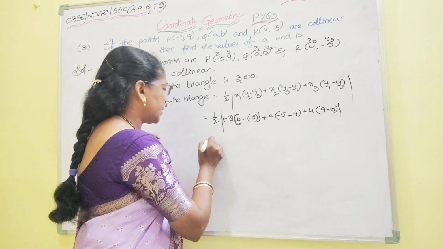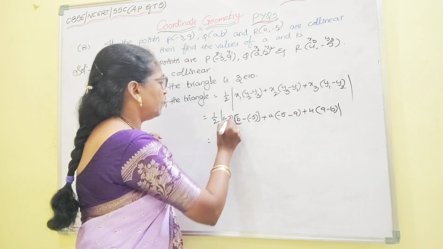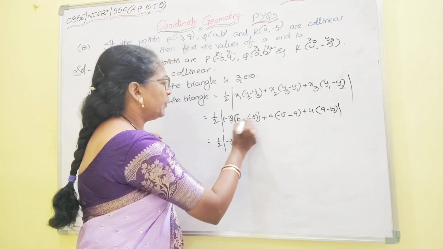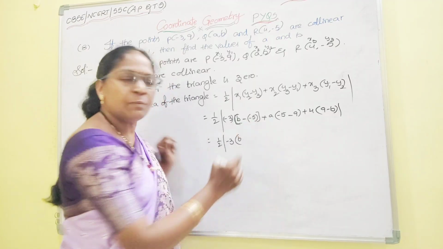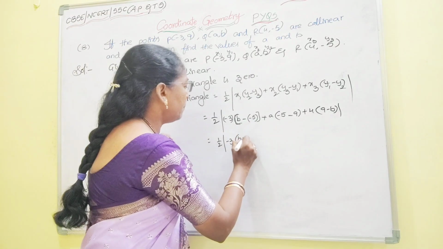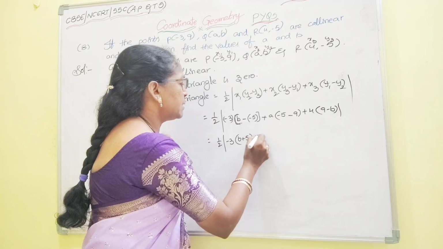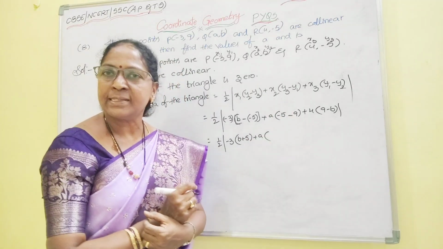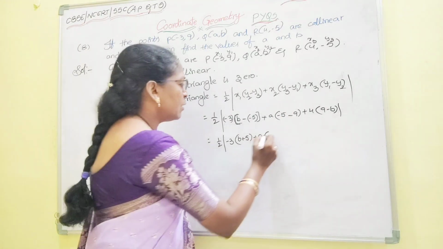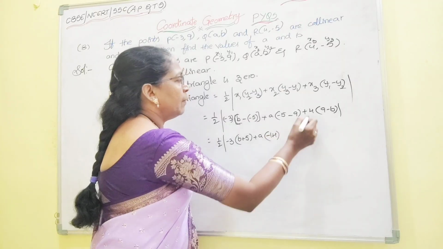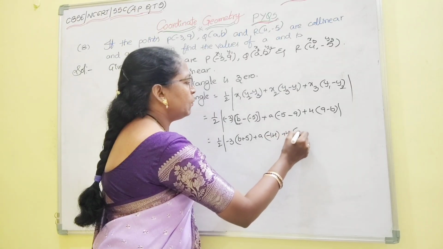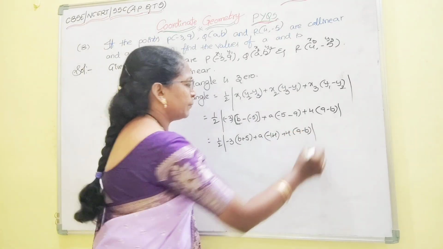Now simplification. Half into minus 3 into b plus 5, since minus into minus is plus, plus a into minus 5 minus 9, which is minus 14, plus 4 into 9 minus b.